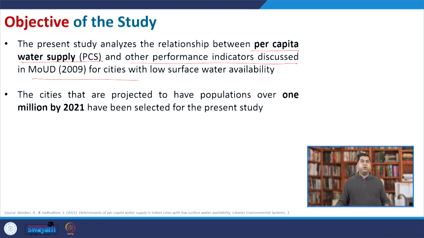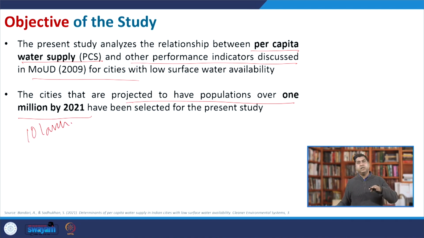Normally the urban local bodies publish these papers on their local website or different dashboards. In this case we concentrated on the cities projected to have a population over 1 million, meaning 10 lakh, by 2021.